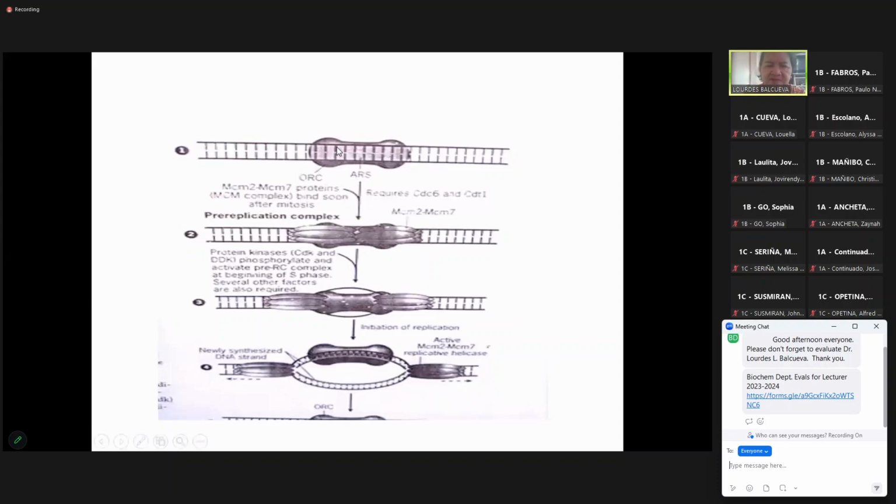Remember there are two strands here. So one is A, A, and the other is T, T. So why? Anyone?